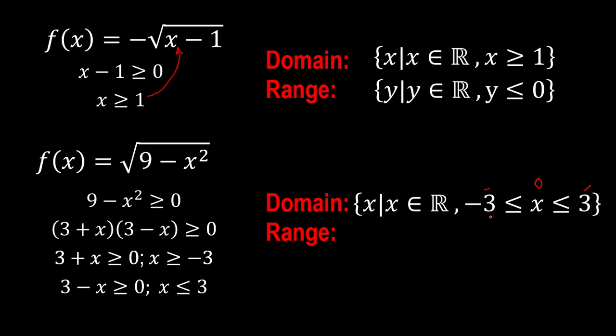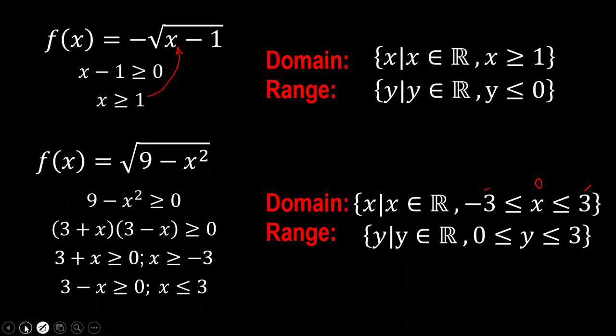If that's the case, we have y such that y is an element of all real numbers, wherein y is from 0 to 3. For us to identify the values, we substitute the values of x, and in this case we meet halfway and observe the value at 0.